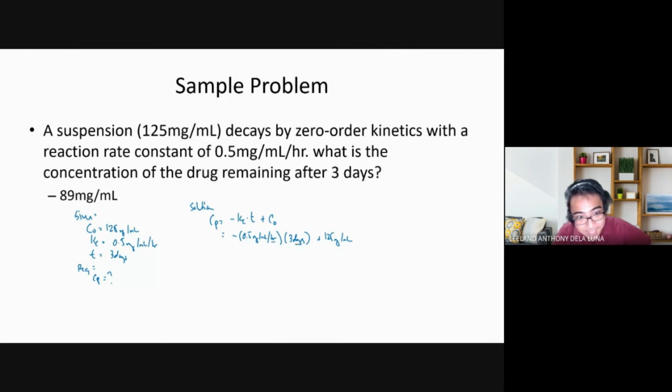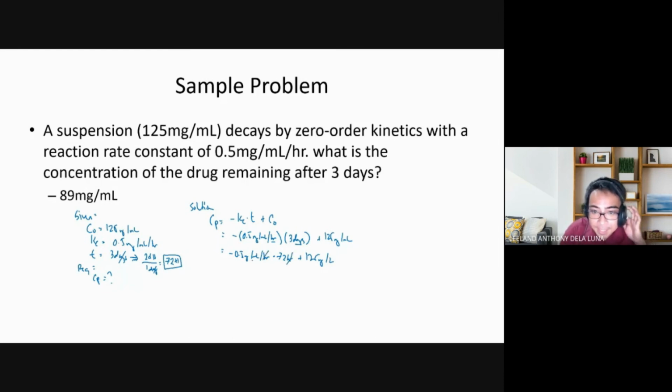My time is in days. So, obviously, I need to convert this into hours. There are 24 hours in 1 day. So, cancel, 24 times 3 is 72 hours. So, therefore, this is negative 0.5 milligram per ml per hour times 72 hours plus 125 milligram per ml.